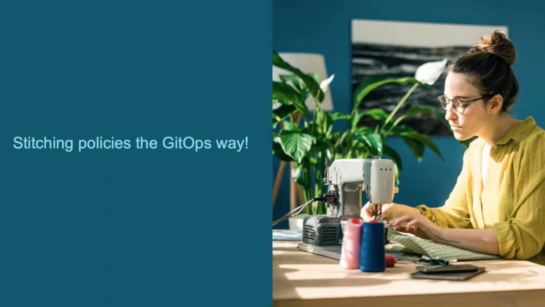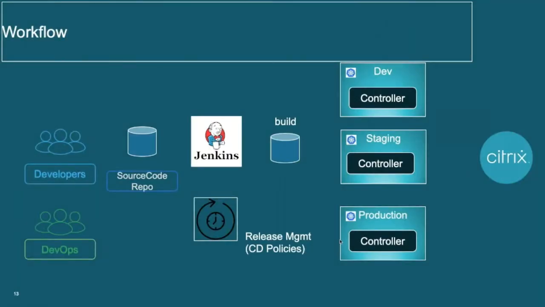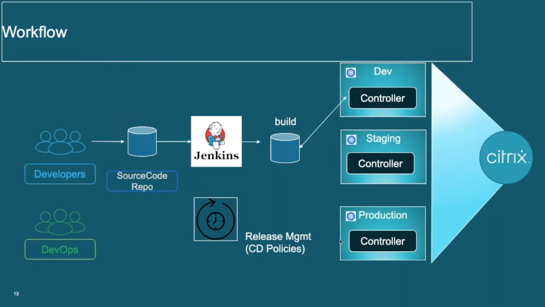Now let's look at how we form a workflow with all these pieces put together. So let's look at how this workflow comes into the picture when a developer is involved.